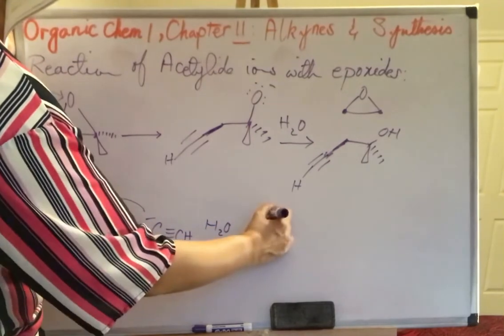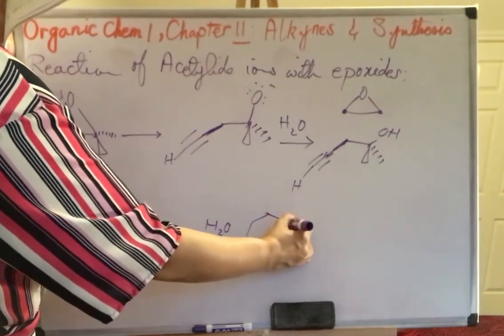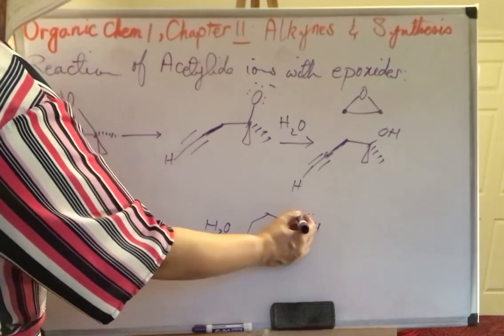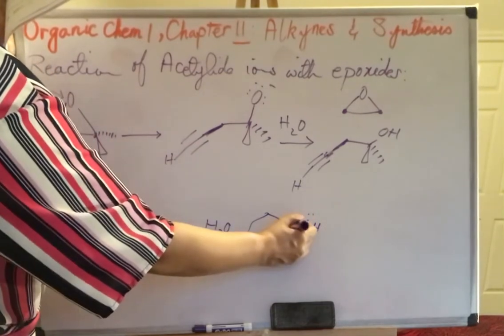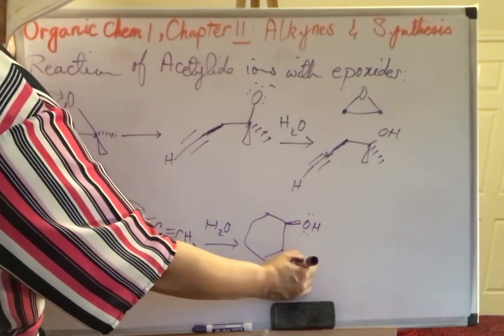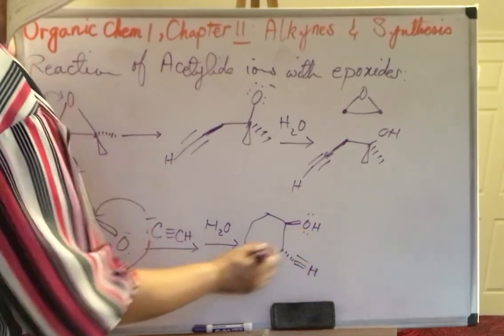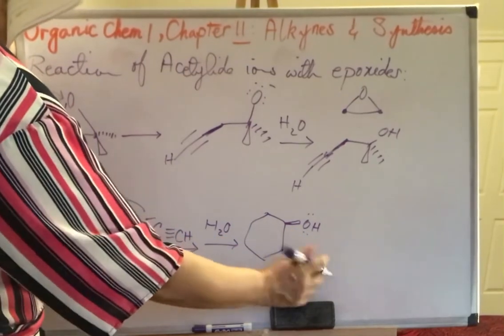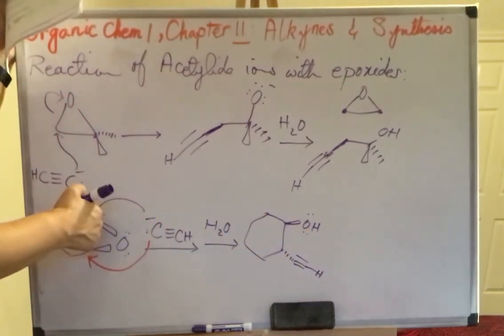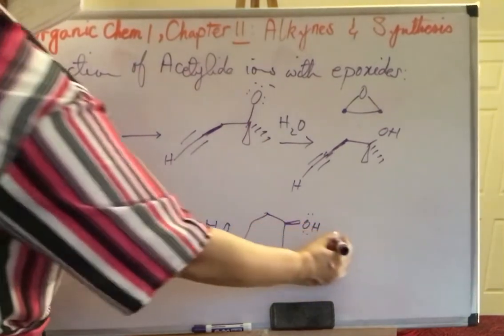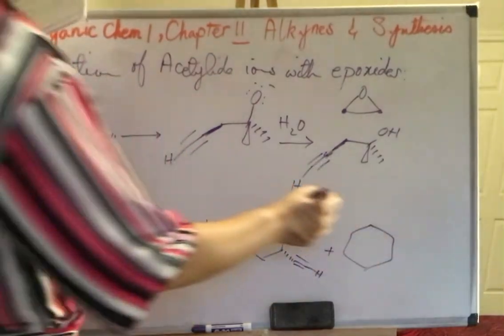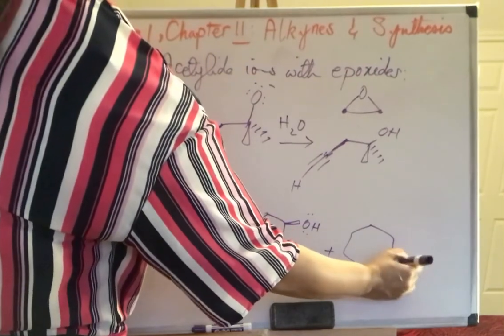So we can have OH on this side, and since this is an anti-addition, you will have the alkene on this side, because this attack to this carbon is going to attach. Or you can have OH on the other side.